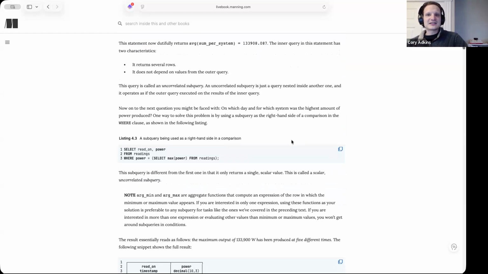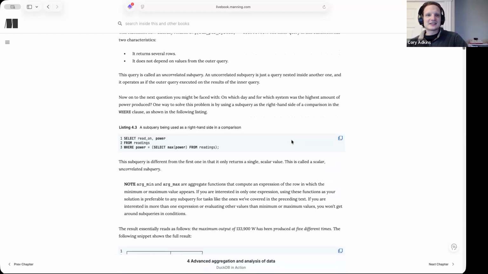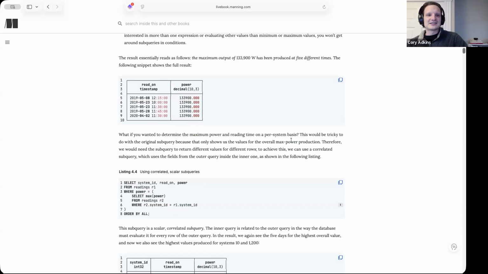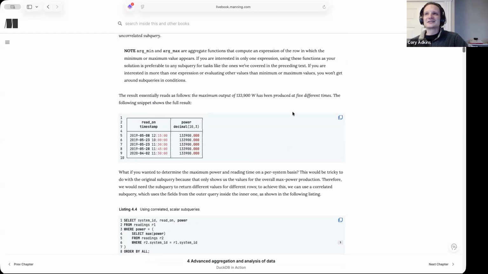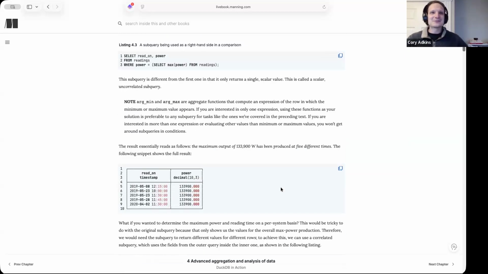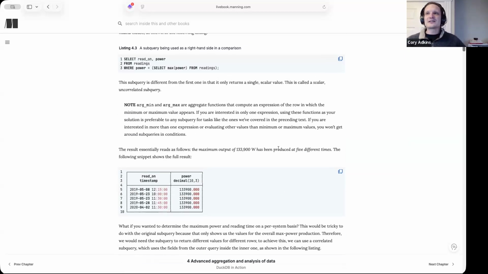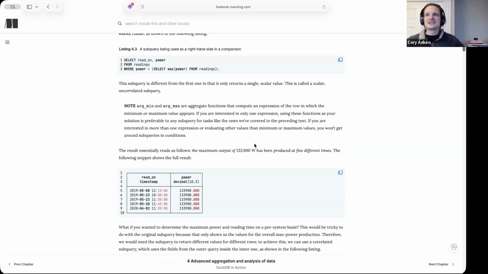It sounds like basically, and they have this little aside down here somewhere, DuckDB translates correlated subqueries into uncorrelated subqueries. So it seems like it's not something we hugely need to worry about, unless we're writing DuckDB SQL that we then want to move into another SQL environment where that support is maybe lacking.